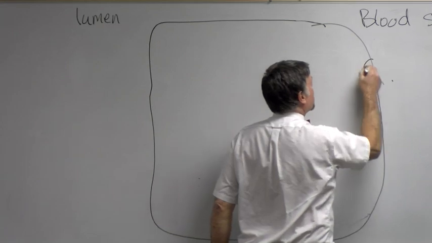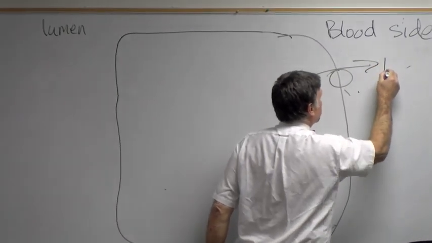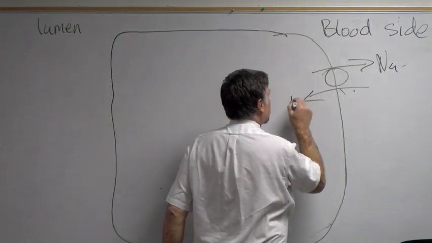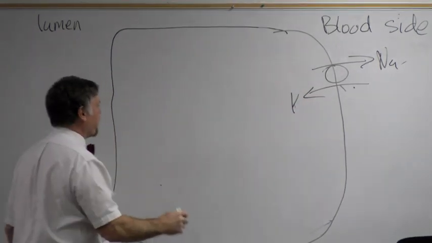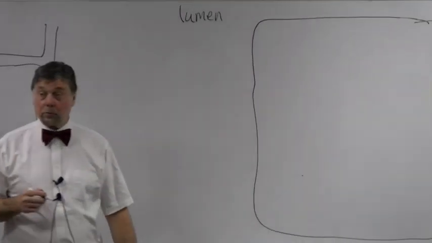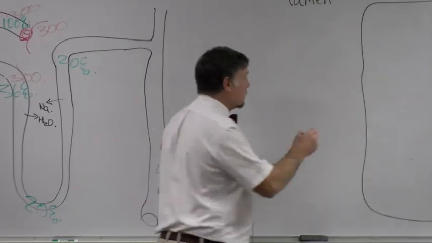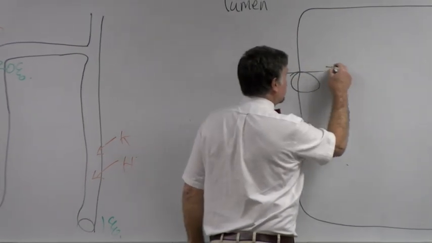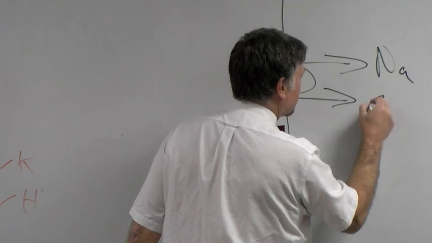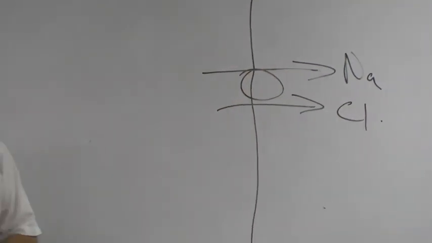Oh, okay, where are we? Oh, early distal tubule, right? I get that right? Yeah. So this is fairly simple. This is straightforward. We like this. Okay. How much easier can it get? Okay.